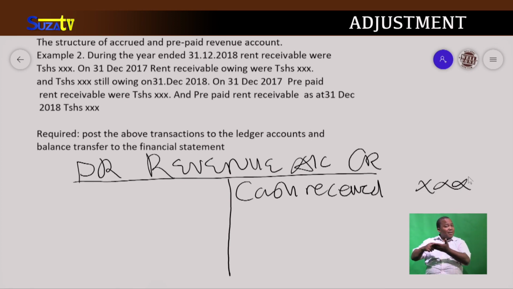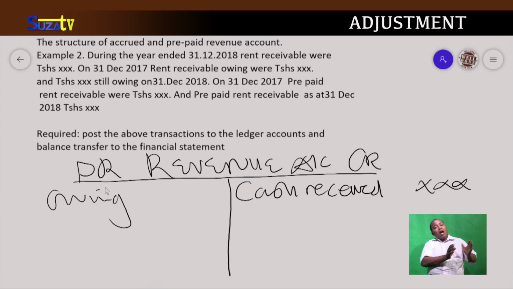The amount received during the year ended for the rent receivable were Tanzania shillings X. On 31st December 2017, rent receivable owing. This is owings for previous year. All owings for previous year become a debit side of rent receivable. Record here owing BD.